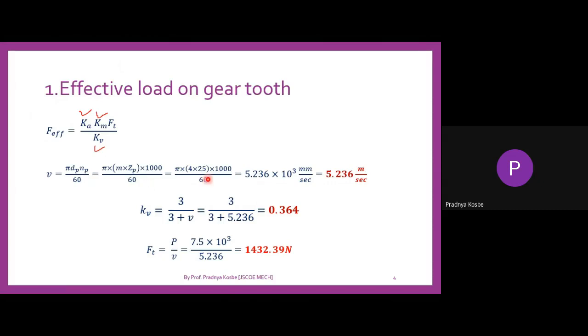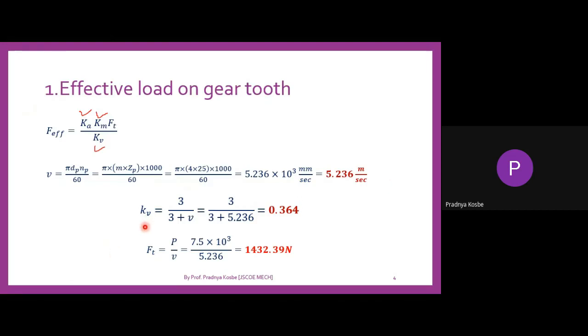You will get velocity 5.236 into 10 raised to 3 mm per second. Remember that while calculating velocity factor, velocity should be in terms of meter per second. So convert it into meter per second, and that is 5.236 meter per second.